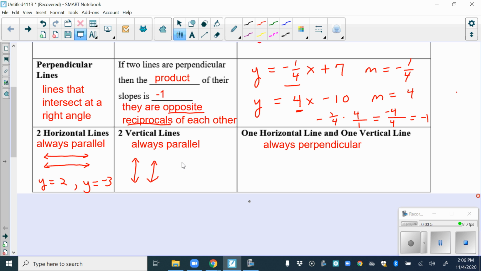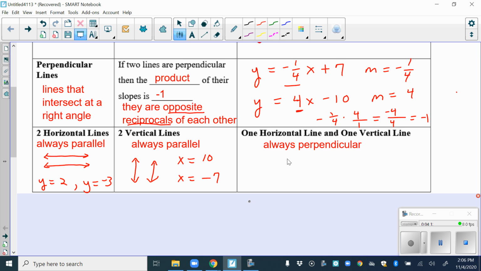What do the equations of vertical lines look like? It might be x equals 10 and x equals -7. Both of those are vertical lines. We know they're going to be parallel to each other.